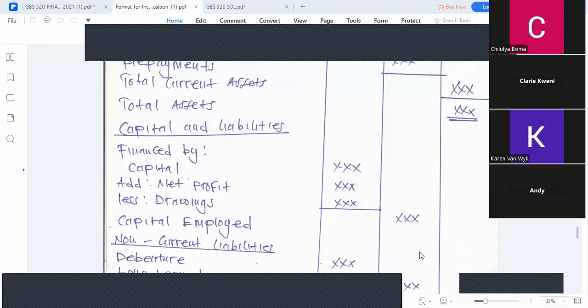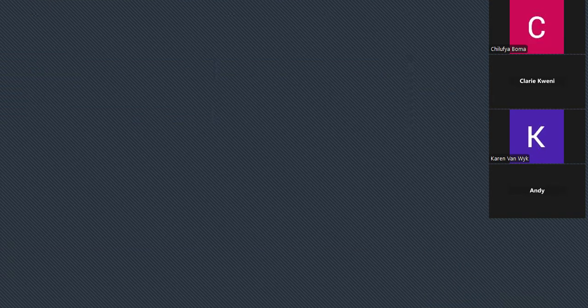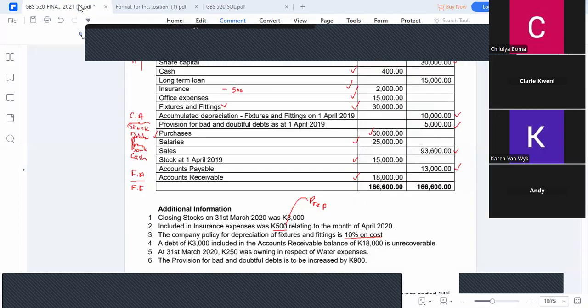Okay, so I sent you the solution. Is my screen blank? Yes, it's blank. Okay. All right, so let's start with this one here.